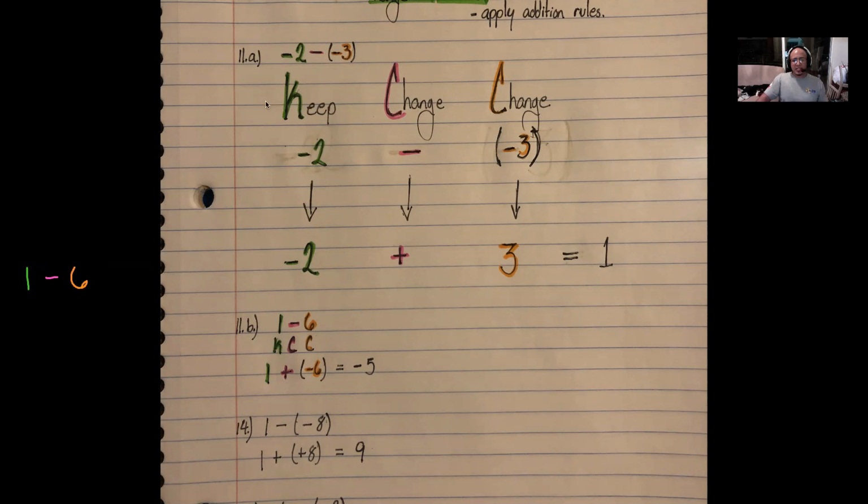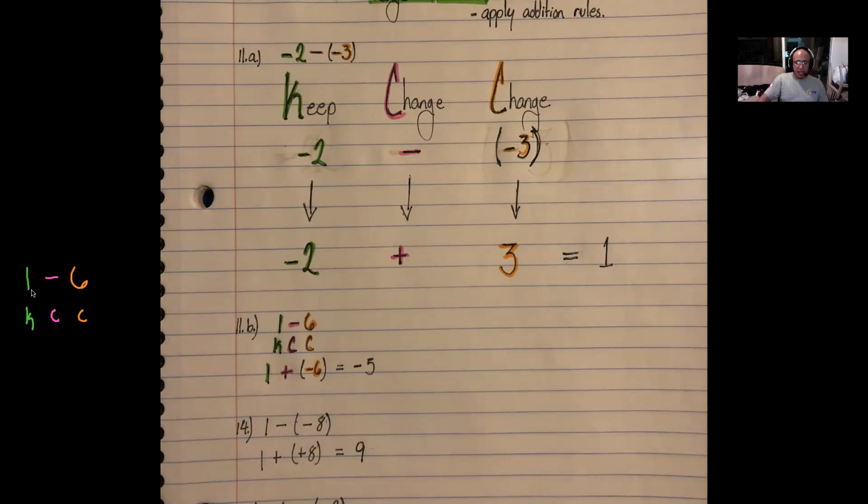Okay, for these problems, ladies and gentlemen, in order to show your work, I do want to see you physically write KCC. You can do it either above or below, but I want you to write K on the first element, C on the second element, and then again, C on the third element: K, C, C.